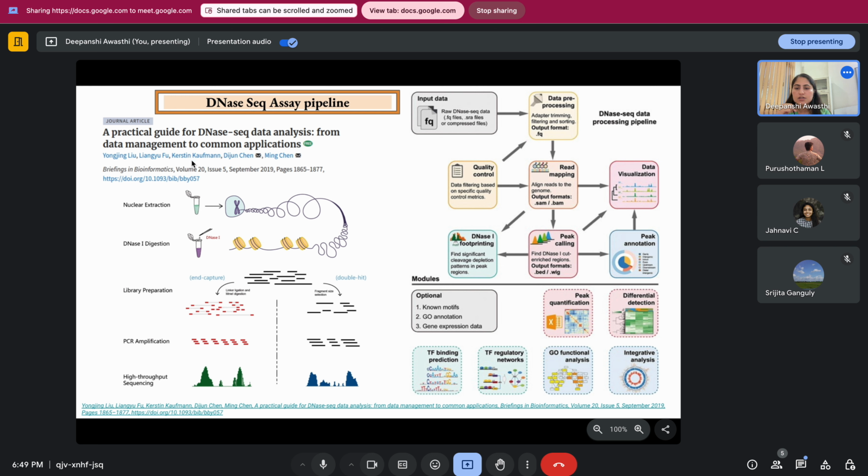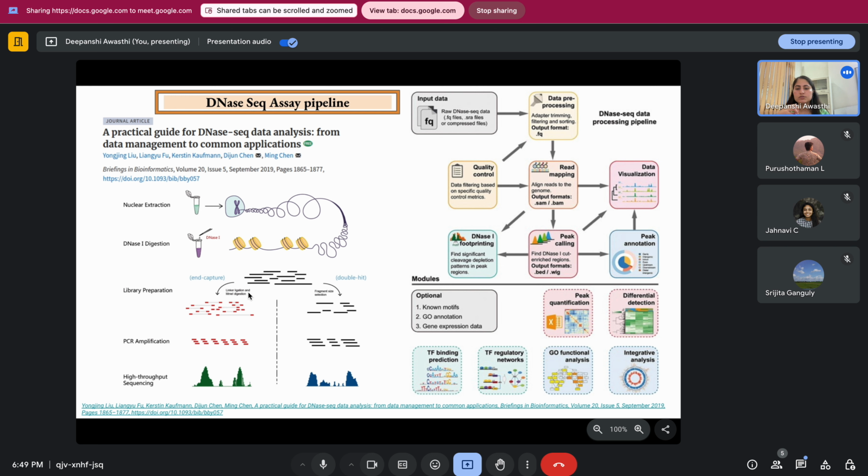There is another paper in which this technique was clearly mentioned, so I have attached that paper. In it they mention how the nucleus is first extracted from the cell, then the chromatin is obtained, then DNase 1 digestion is performed. This DNase 1 will digest the regions which are freely available, not tightly bound around the histone proteins. When those freely available DNA regions are fragmented, we take those fragments and attach the adapters.